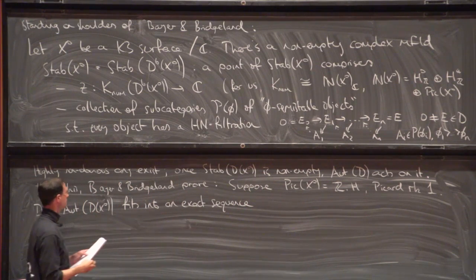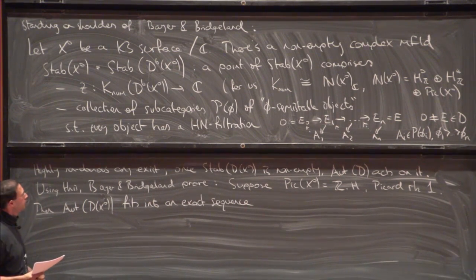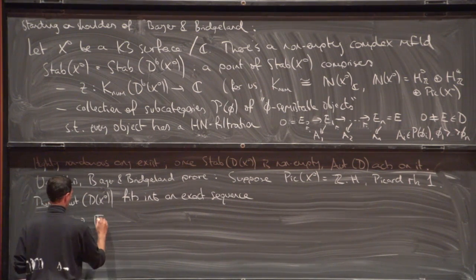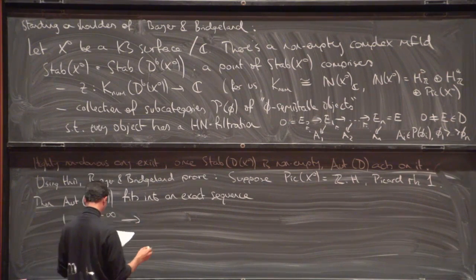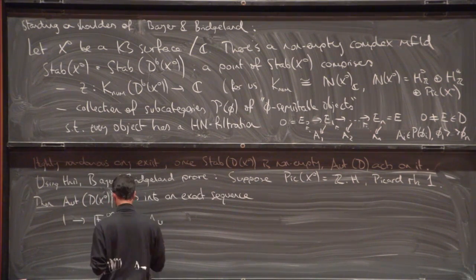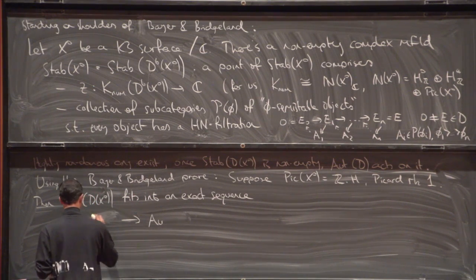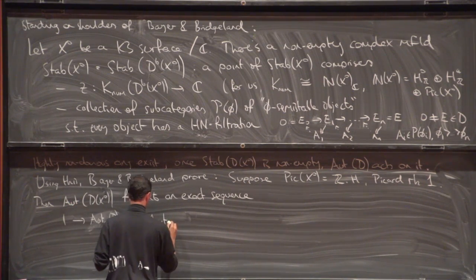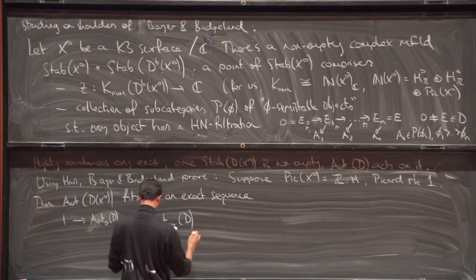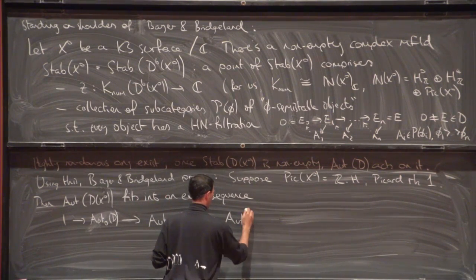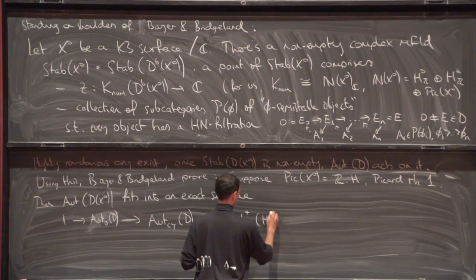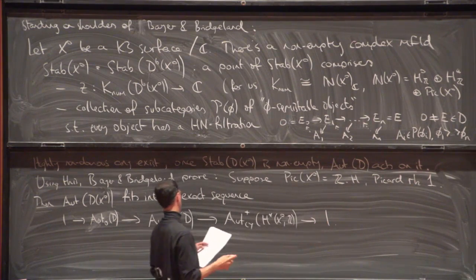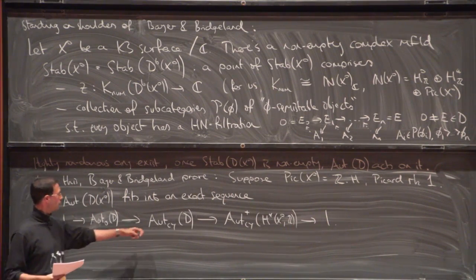the group of equivalences of this category, the bounded derived category of coherent sheaves, fits into an exact sequence as follows. In the middle we have, well, not quite the group of equivalences.